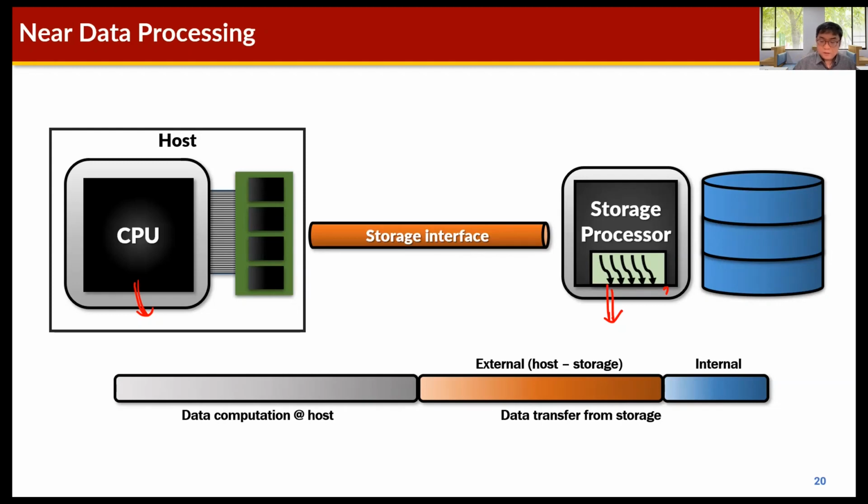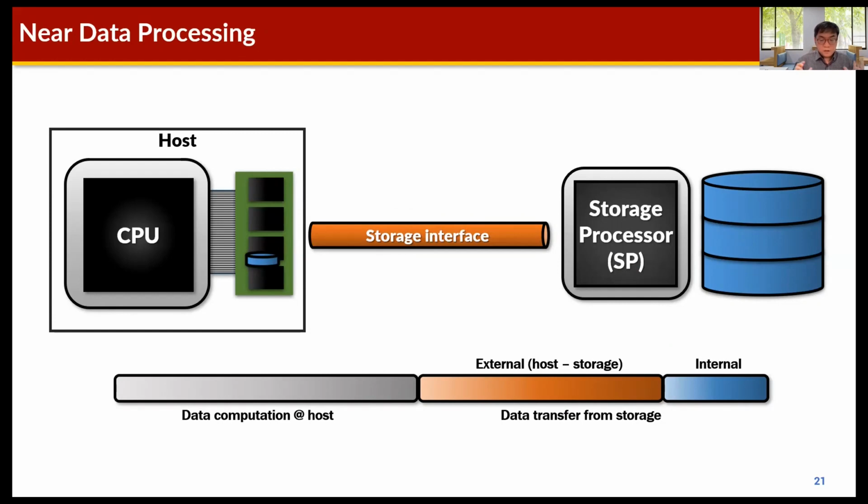Okay, so this is actually the user code, a user computation kernel, and then the large amount of data can be processed by this compute kernel by the storage processor, and then the size of the data can be reduced.